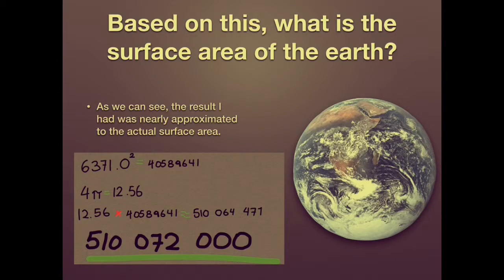And when we look at the actual surface area, when we search it on the internet, we get a really close number. That is because the radius we get from the internet was a mean radius calculated from the equator to the South Pole.